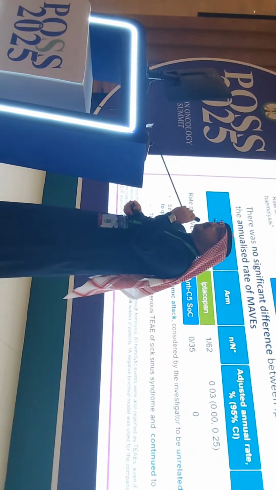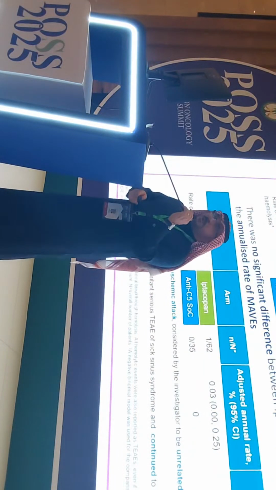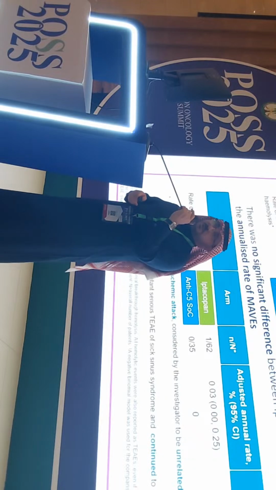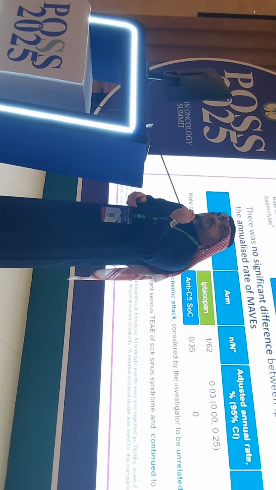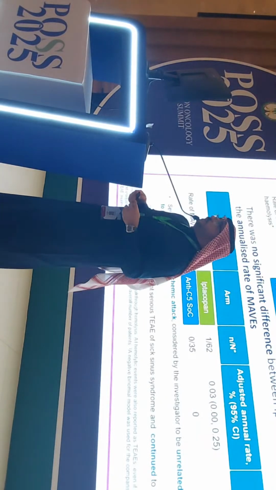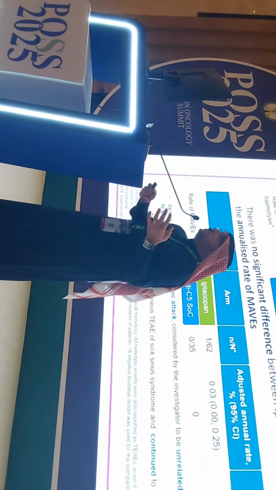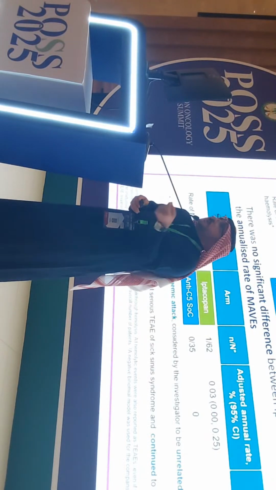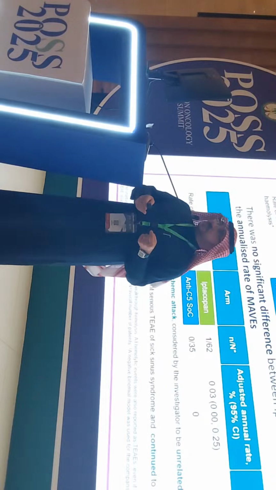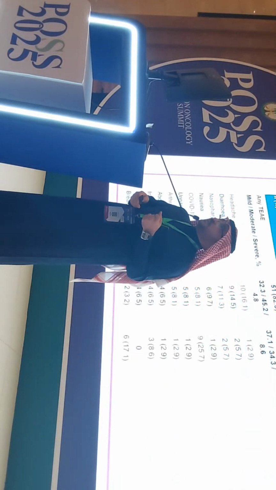Now, breakthrough hemolysis happened in 2 patients out of the 62 patients on iptacopan, while it happened in 6 patients out of the 35 patients receiving anti-C5, with an annualized rate of 0.07 in the iptacopan arm compared to 0.67, which was statistically significant.